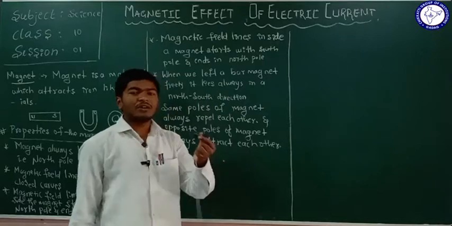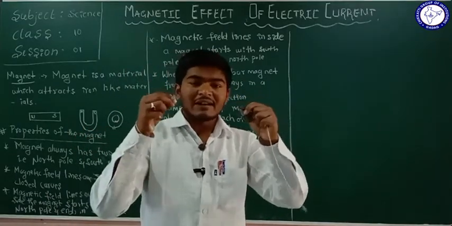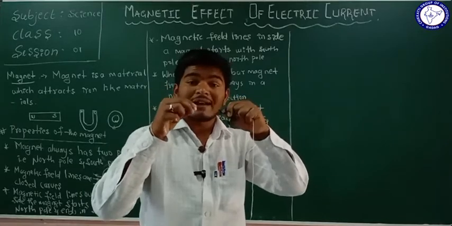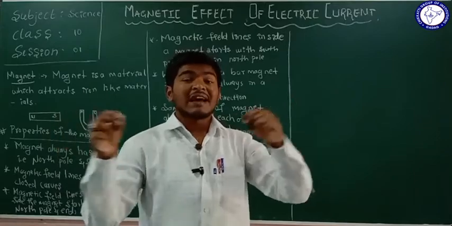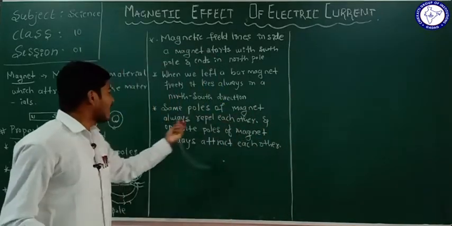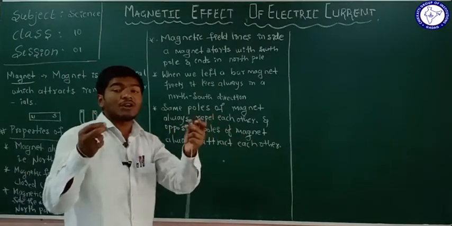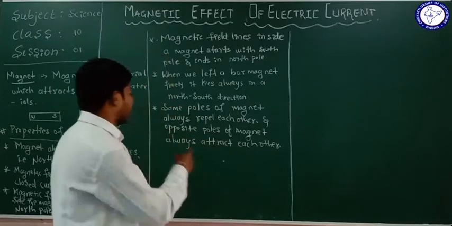So when you take two magnets and bring the same poles in contact, they always repel. That is, the same poles of the magnet always repel each other. If you bring the opposite poles of the magnets together, they always attract each other.